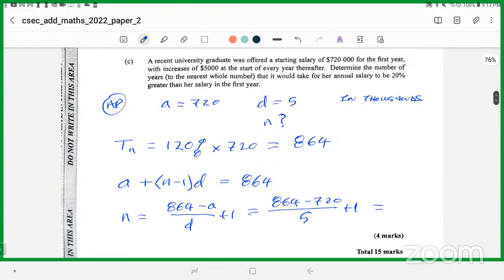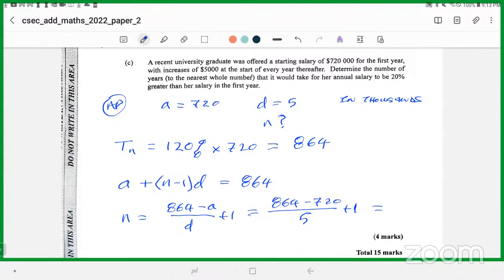Yes, sir. So to the nearest whole number, that would be 30. I'm going to write 30 years, because the question did say the number of years.